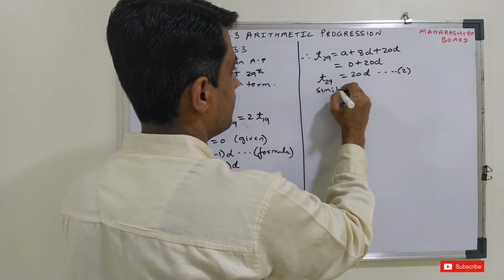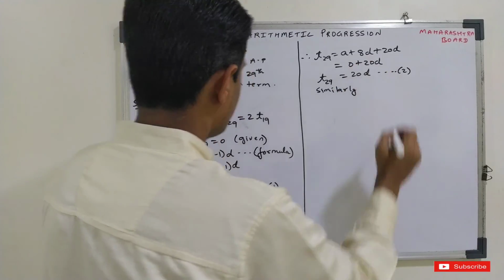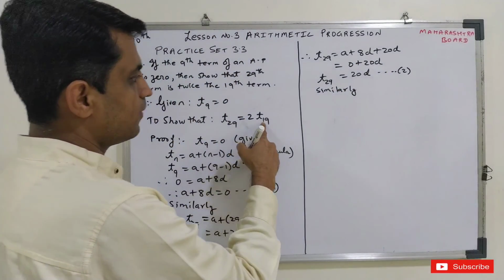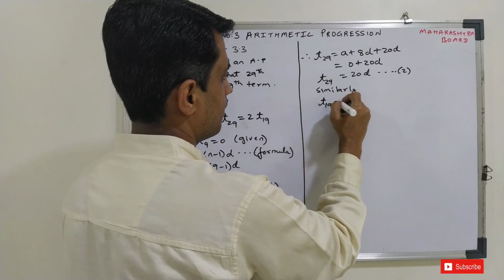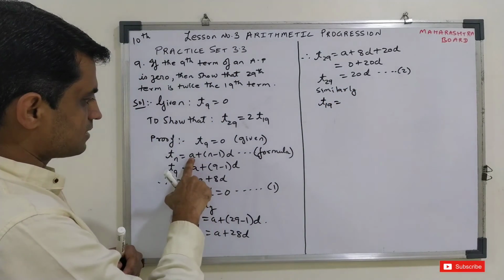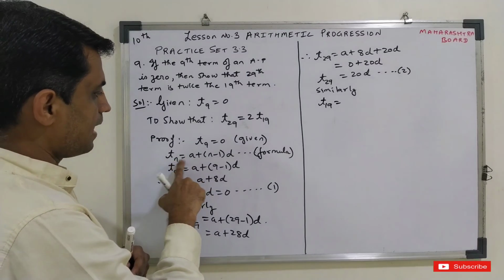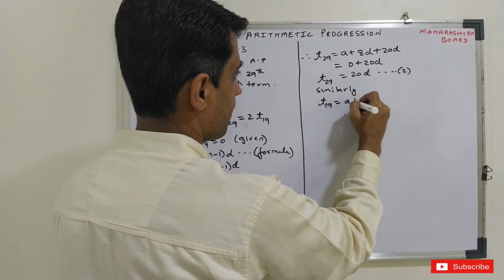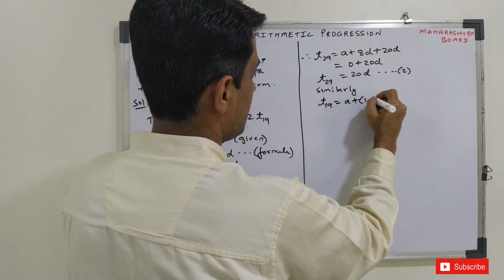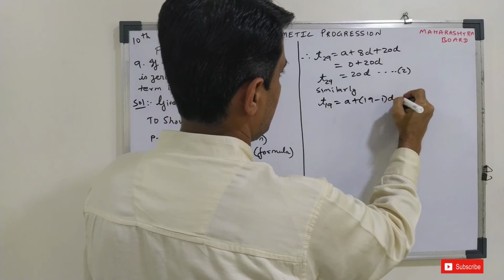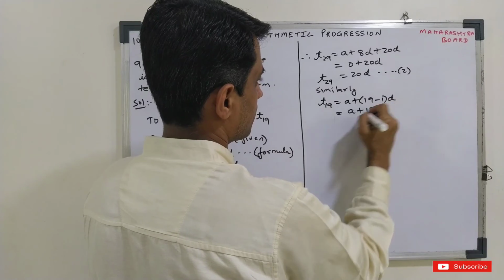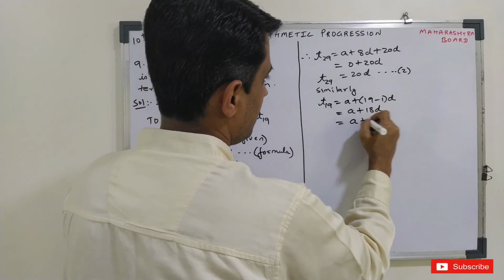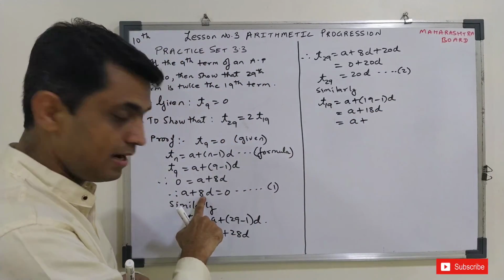Similarly, T19, substitute in the same formula. Instead of n, 19: A plus 19 minus 1 into D. So we will get A plus 18D. Again same way, A plus 8D.